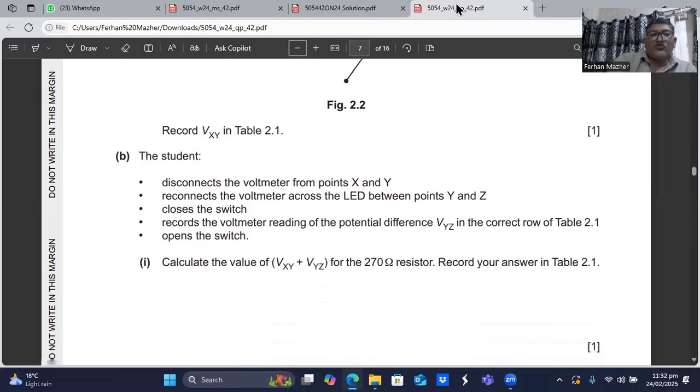Then they say the student disconnects the voltmeter from the points X and Y, reconnects the voltmeter across the LED between the points Y and Z, closes the switch, records the voltmeter reading of the potential difference VYZ in the correct row of table 2.1, and opens the switch. Calculate the value by adding up VXY and VYZ for the 270 ohm resistor, and record your answer in table 2.1.